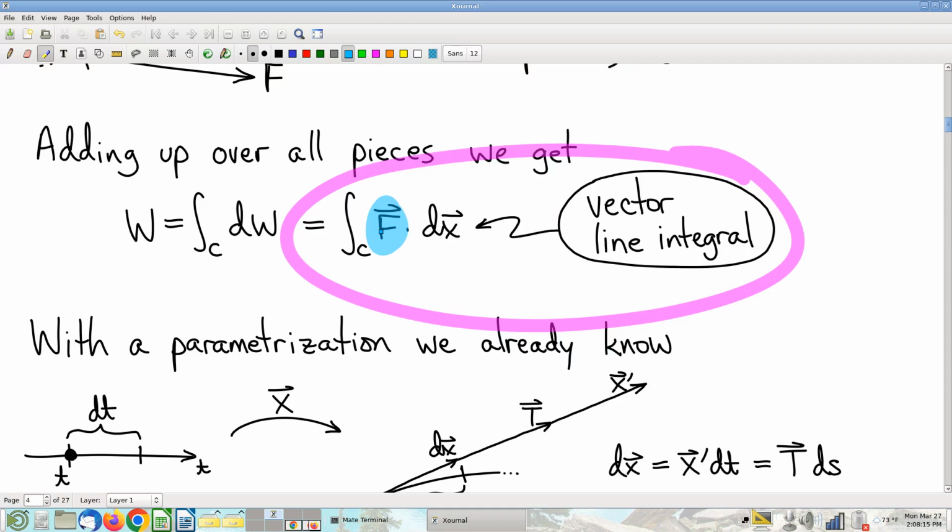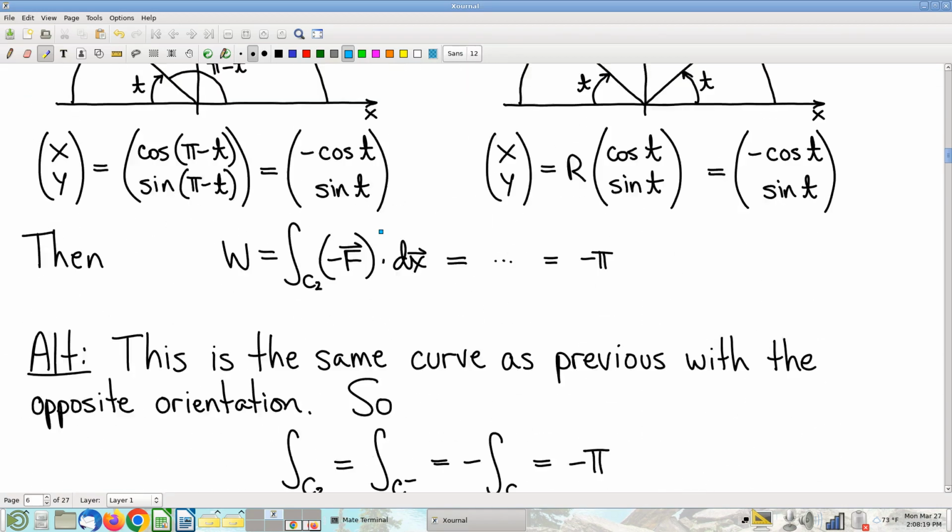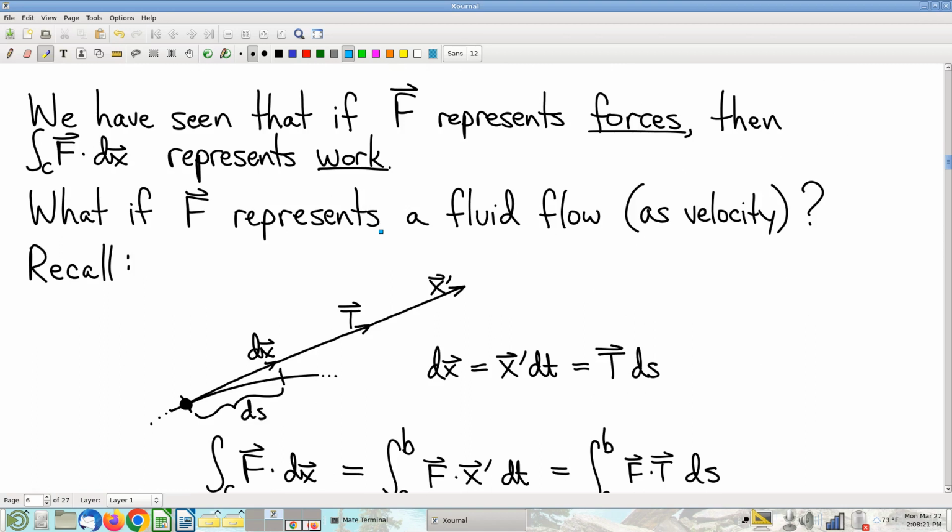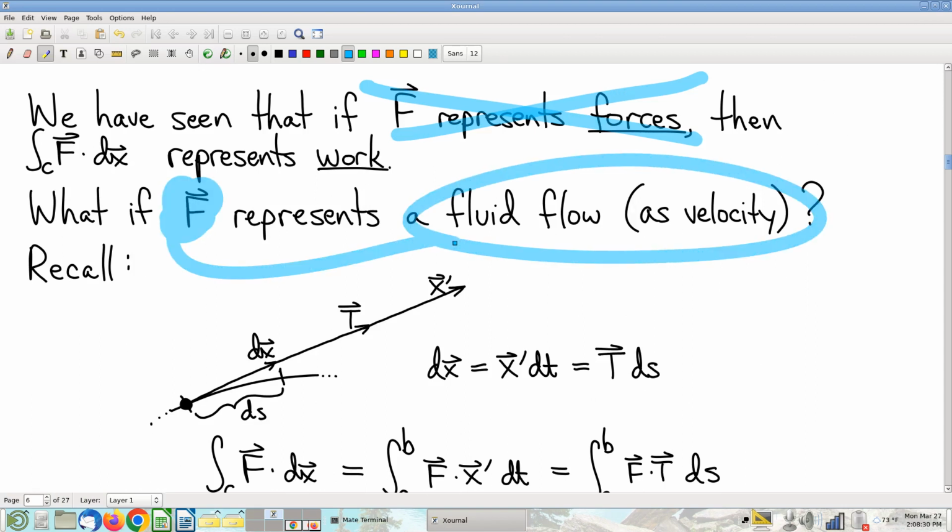What if I'm not talking about forces, though? What if, and keep in mind, we certainly have this situation, what if my vector field is not representing force? What if my vector field now represents the velocity of a flowing fluid? And representing a velocity of a flowing fluid, now what does this line integral represent?